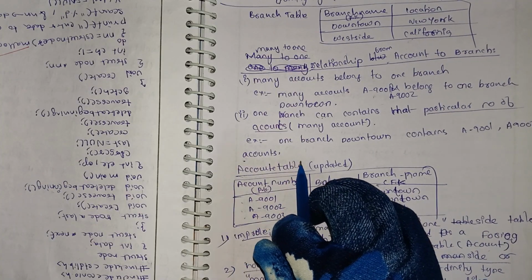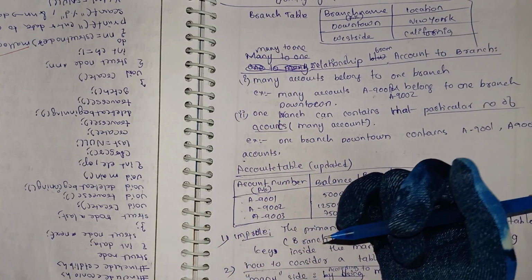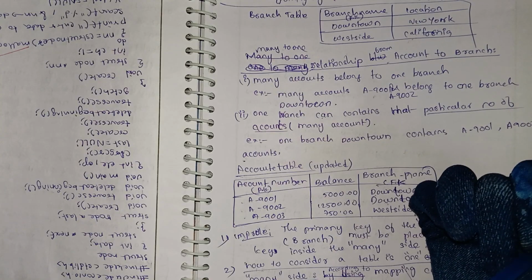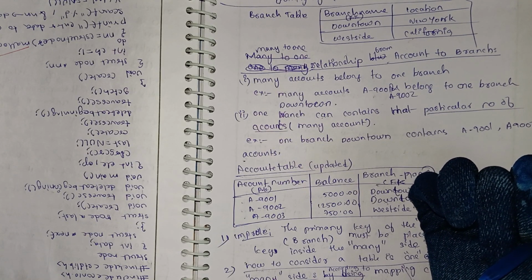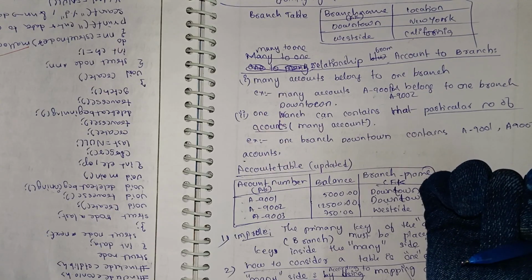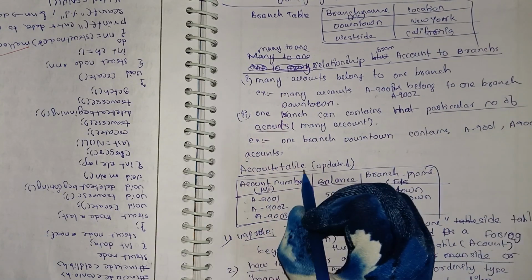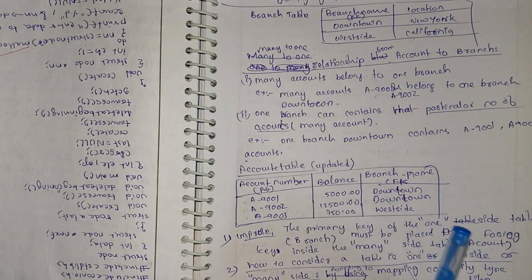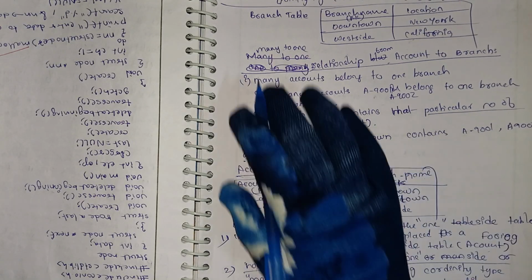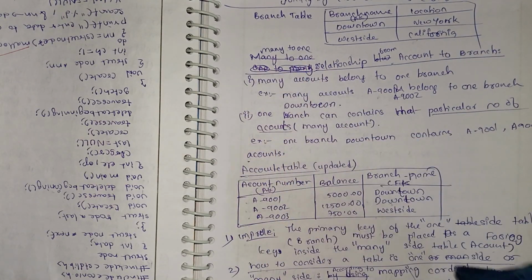In the many to many relationship we are using separate tables. We are using separate output tables to establish the relationship, but by updating the account table we establish the many to one relationship.